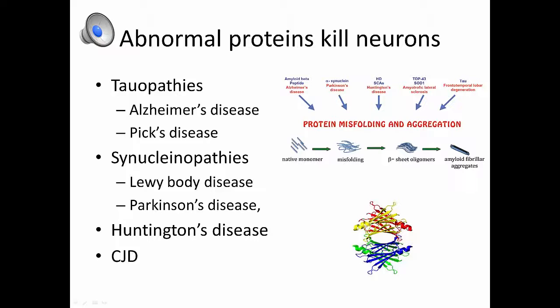The accumulation of these abnormal proteins kills the neurons. In Huntington's disease, we have another abnormal protein caused by a CAG repeat. Similarly, in CJD, the abnormal proteins involved in amyloid production accumulate in cells.